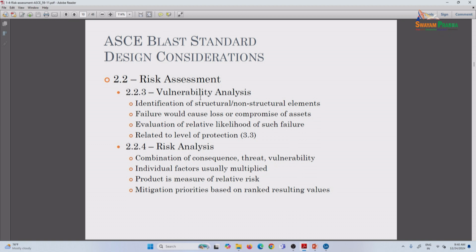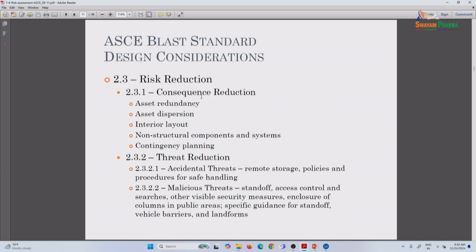For example, FEMA has its own way of risk assessment, but we've done 2 different methodologies, and that is plenty. With the risk numbers that you calculated, you then see how to reduce each one of them.